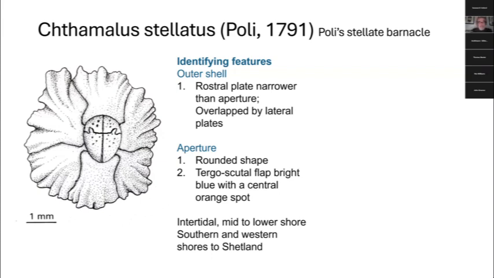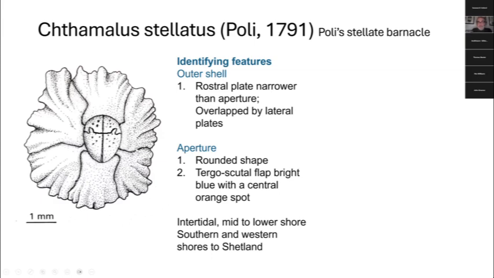And in fact, it's overlapped by the lateral plates to either side. So now the other main characteristic of this species, if I can just get the arrow moving again, is the rounded shape, almost like a worn looking rounded shape of the opening, the aperture.